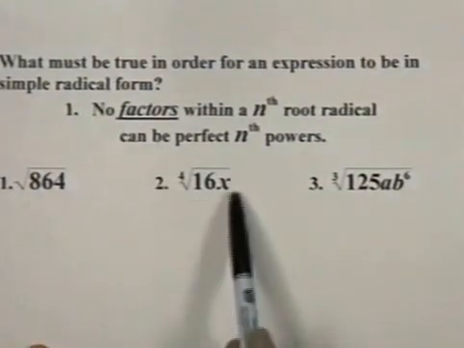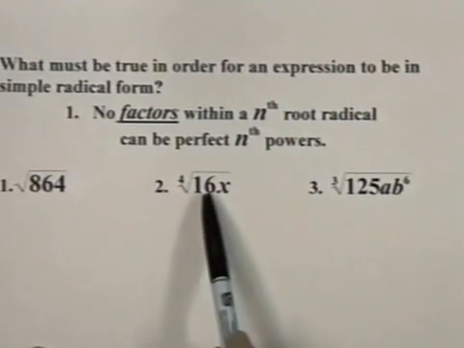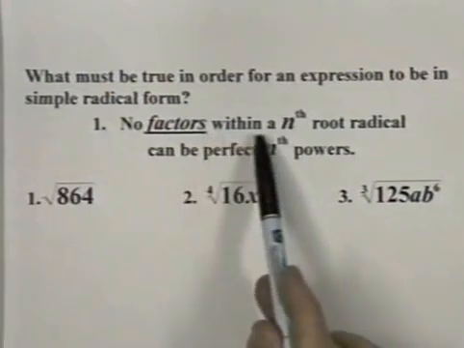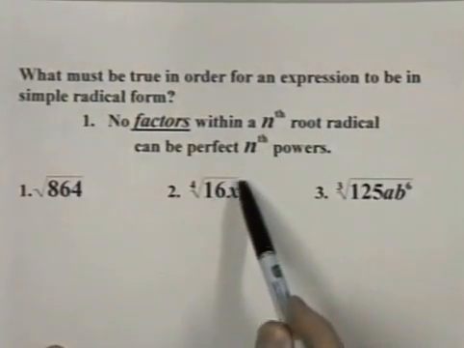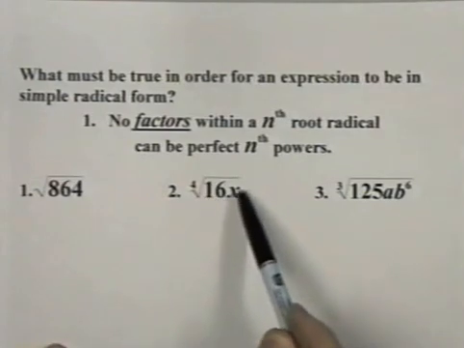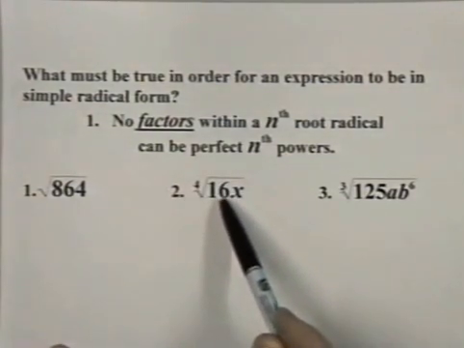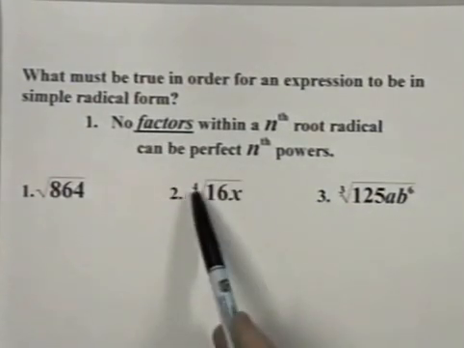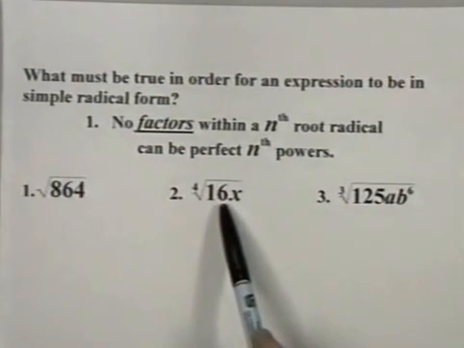And we're going to say that this is not in simple radical form because it has a perfect 4th power within the radical. By within here I mean is part of the radicand. The radicand cannot have a factor that is a perfect, in this case, 4th power, and it does. So that is not in simple form.